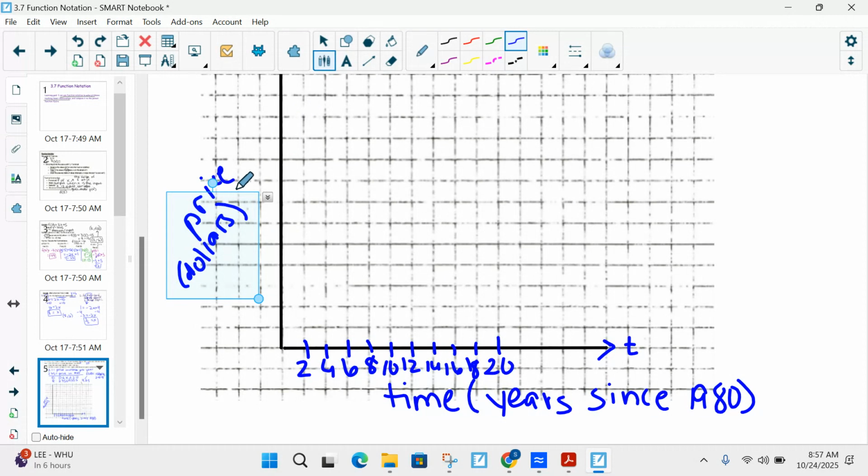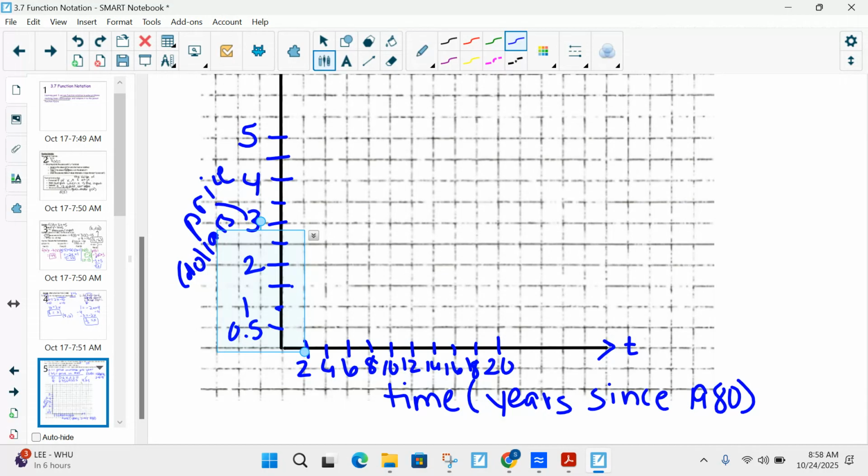So 0.5, 1, 1.5, $2, 2.5, $3, $3.5, $4, 4.5, and $5.